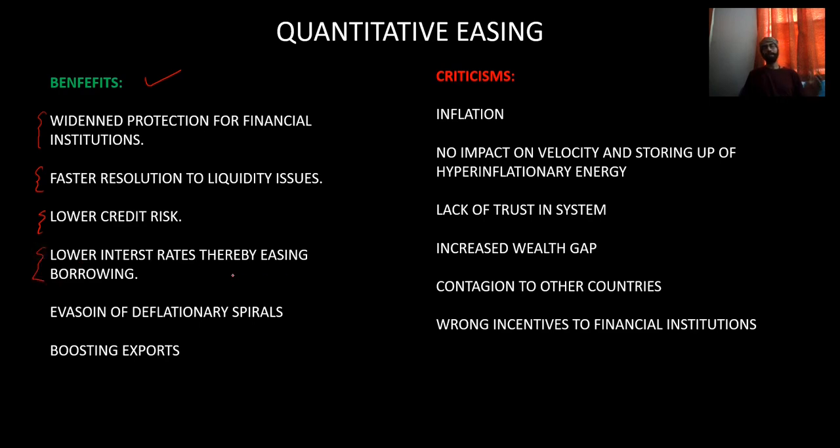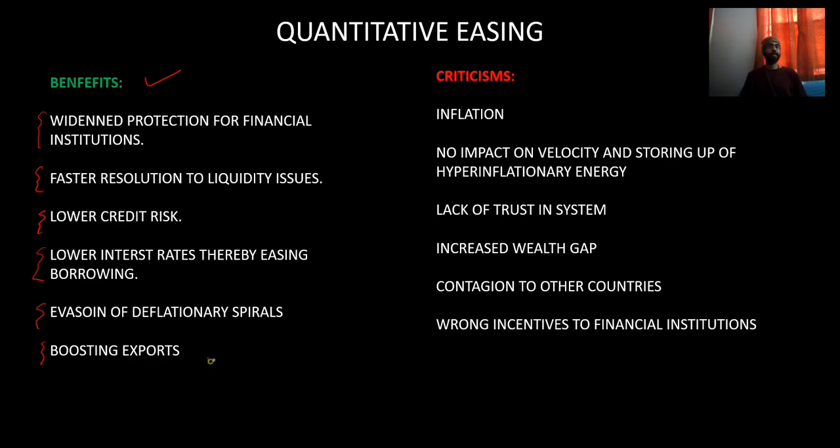Money supply increases, interest rates go down, borrowing becomes easier, and the entire system is boosted in a certain way. Evasion of deflationary spirals. A recession very quickly can become a deflation and a depression if not guided properly. So by giving a money supply boost to the system, the deflationary or depression kind of scenarios could be avoided. Then boosting of exports. This we discussed previously.